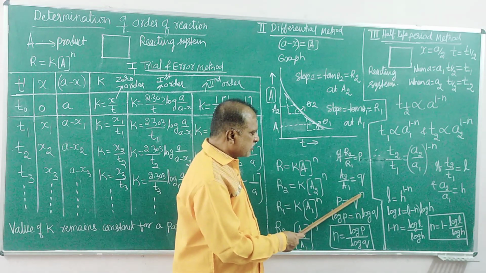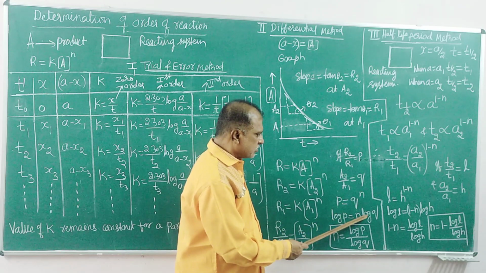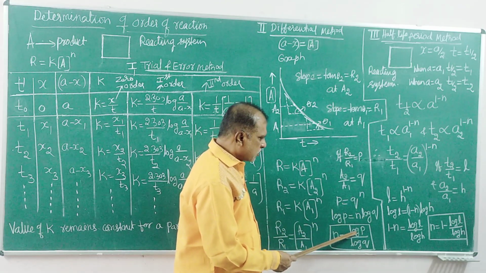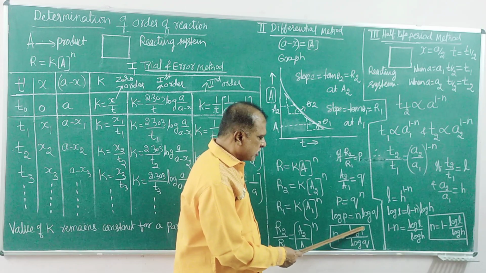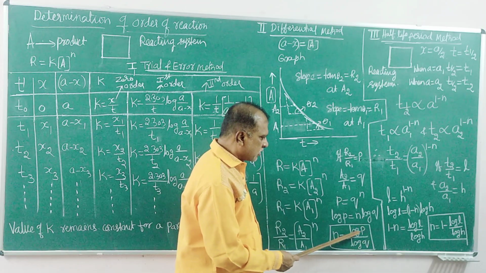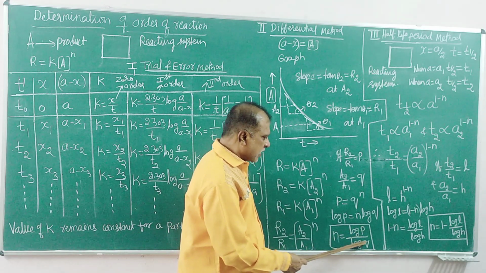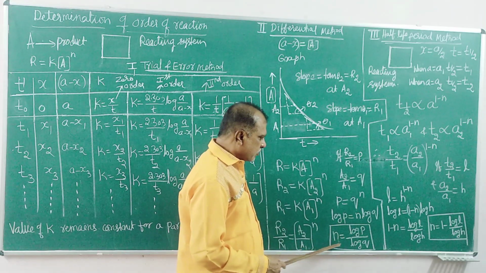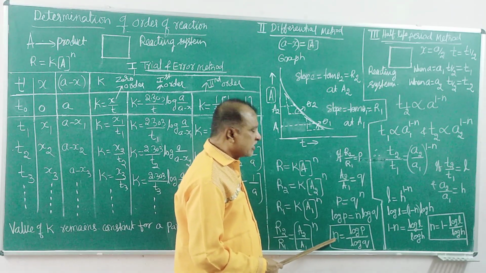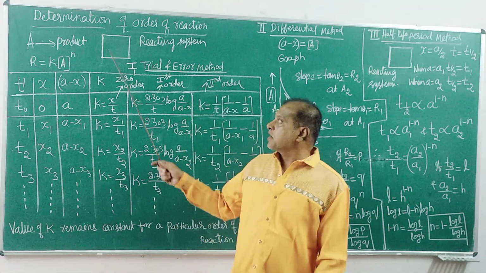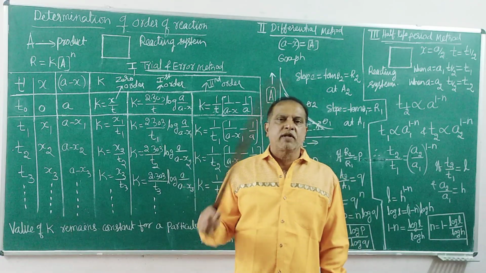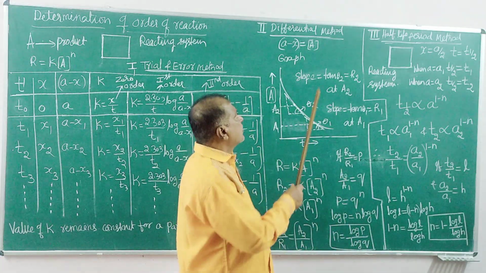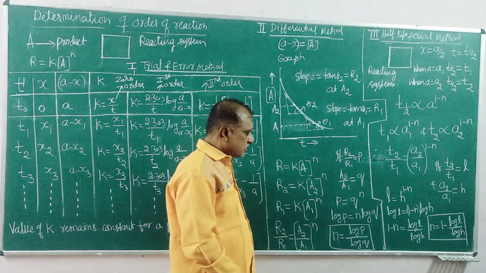That is, the exponent n into log of this. So n is equal to log P divided by log Q. Knowing these values, take the logarithm of each and divide them, and you get the value of n. The value of n is the order of the reaction. That is the differential method, the differential equation method, or graphical method.